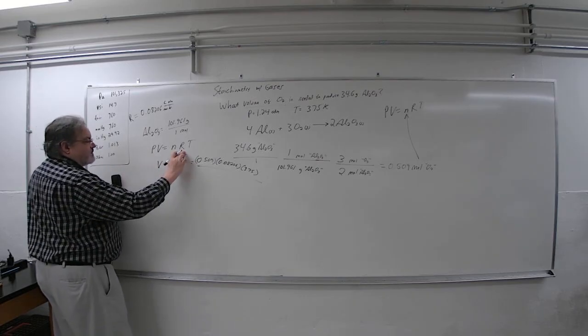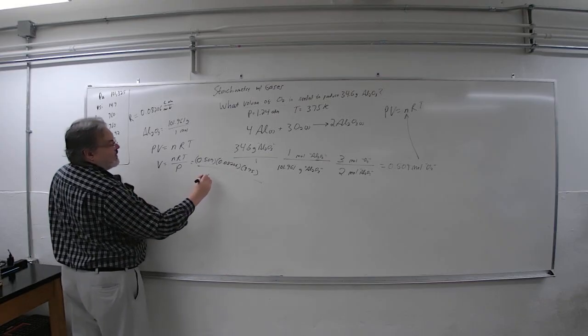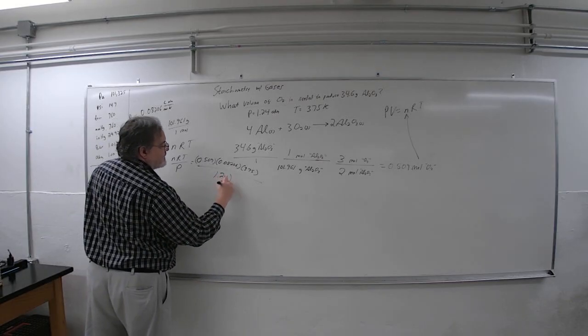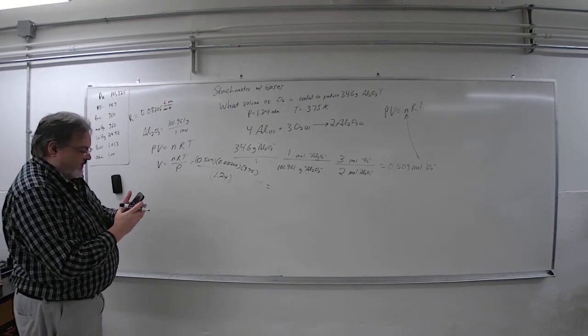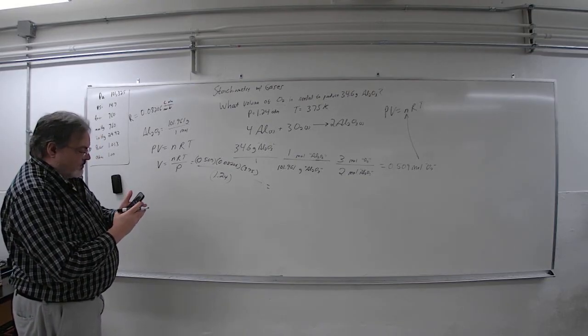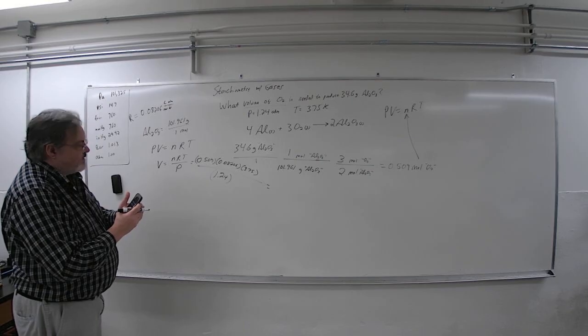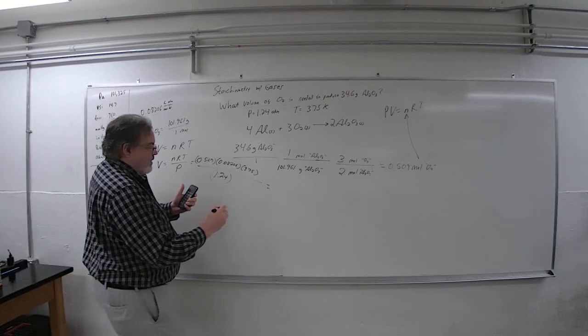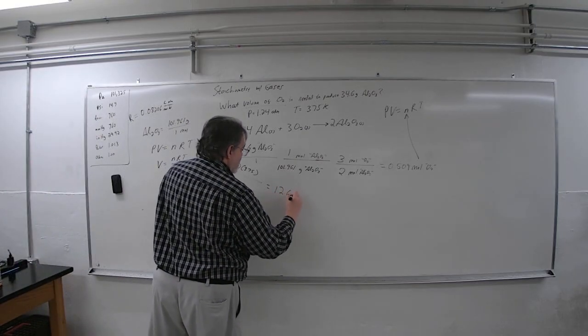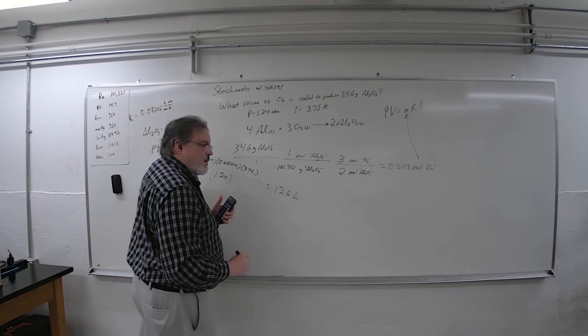So divide both sides by P, we get here 1.24 atmospheres. So 0.509 times 0.08206 times 375 divided by 1.24. Okay, 12.6. That's going to be the number.